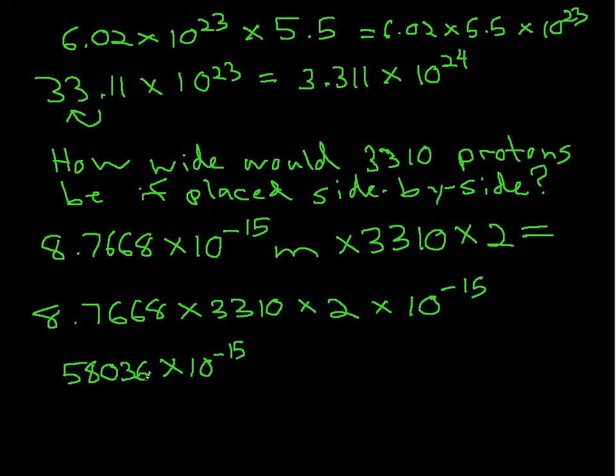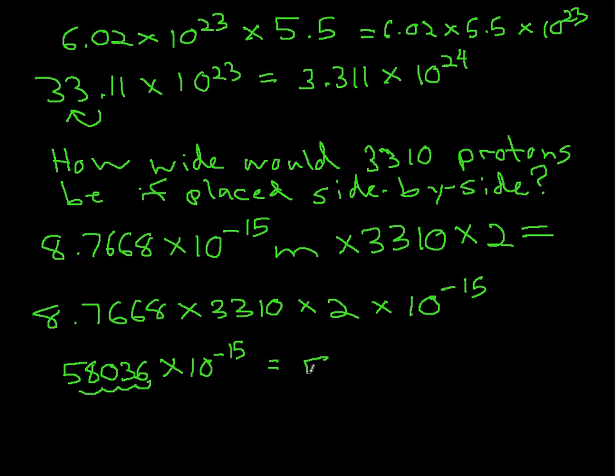I'm not going to confuse you or make this a lesson about significant digits. Some of you know that because of significant digits, this should really be 58,040, but that's a different lesson. But we do want to move this decimal point.